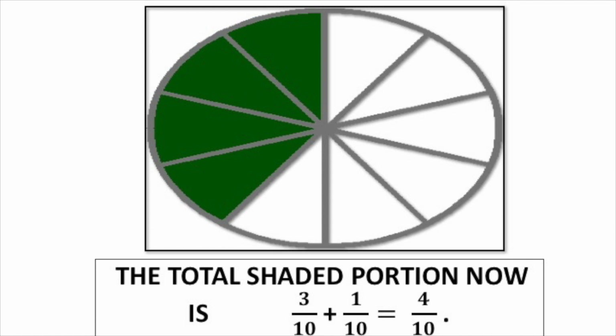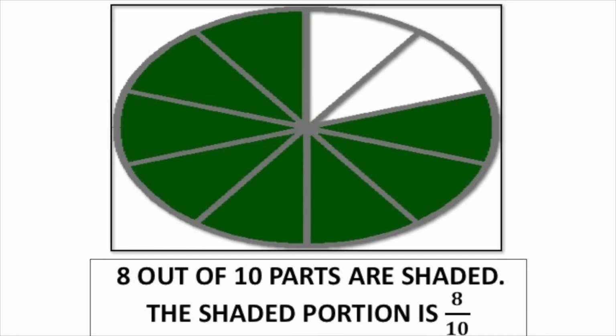But what happens when the number of parts is more than the denominator? Let's take a look. How many parts here are shaded? 8 parts are shaded. How many parts in total? 8 out of 10 parts are shaded.